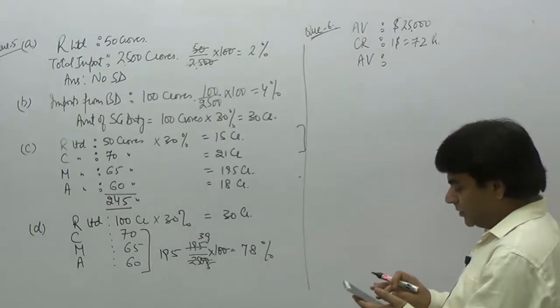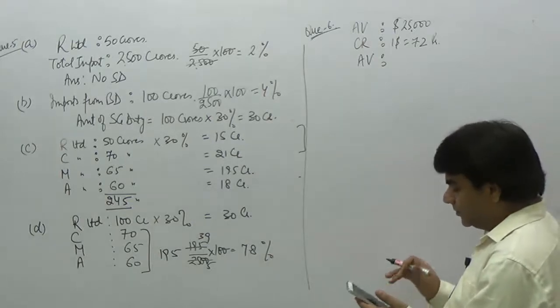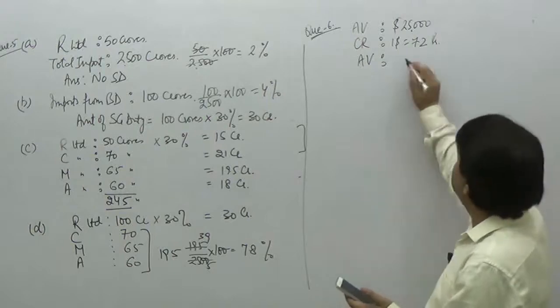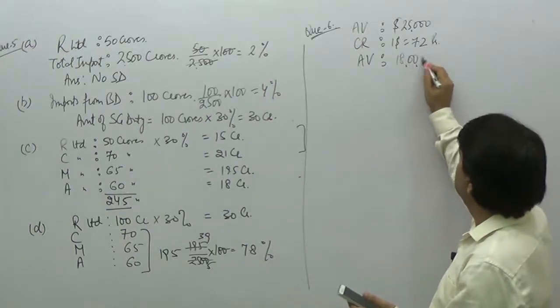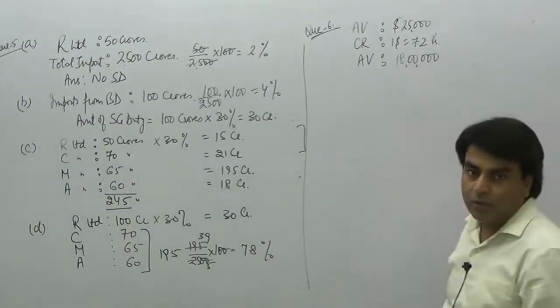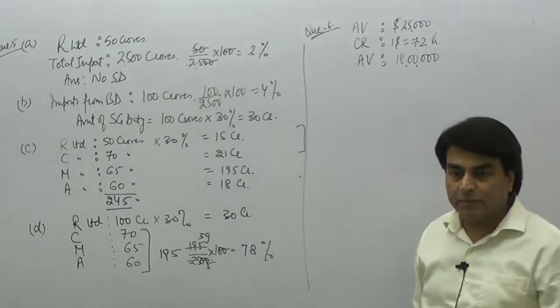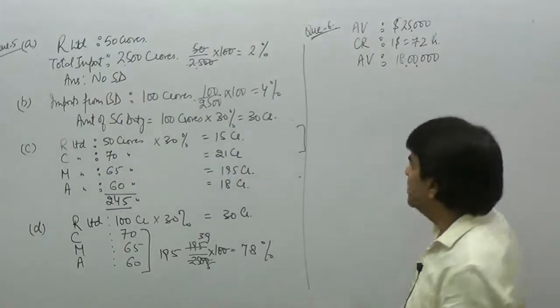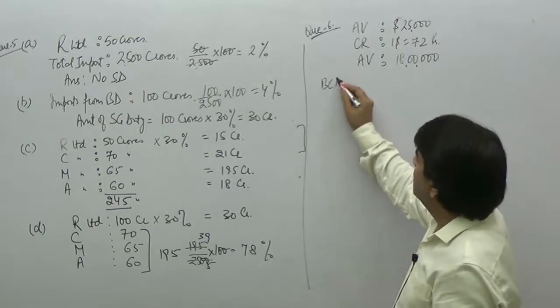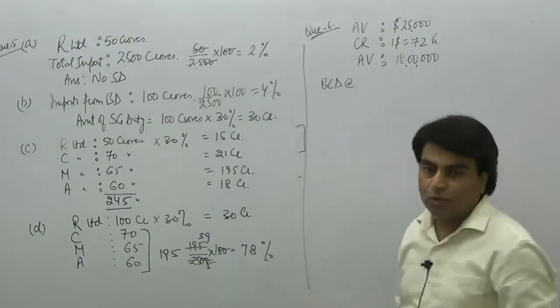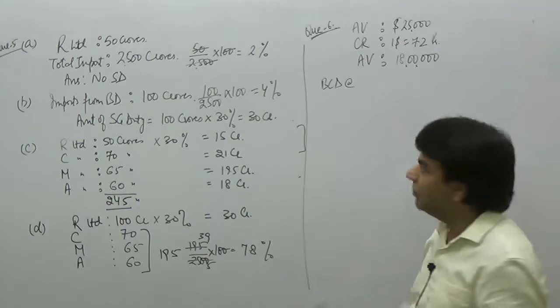$25,000 multiplied by 72, this comes to 18 lakhs. Okay. Now work out BCD. The BCD rate given to us was 12%.